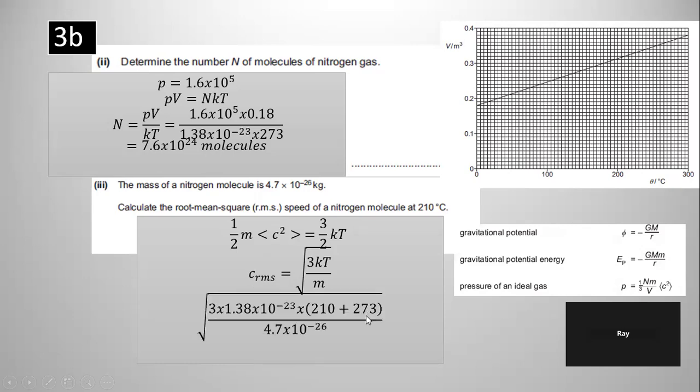Put in your values: 3, Boltzmann's constant, 210 plus 273 to change it to Kelvin, and the mass is there. The answer is 650 meters per second, two significant figures only.